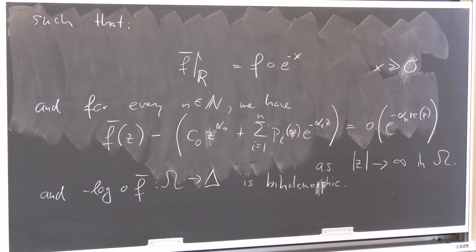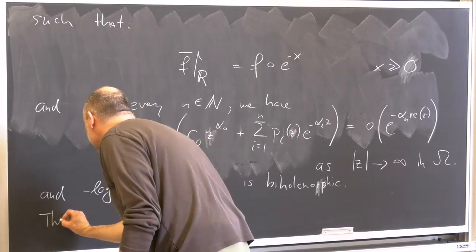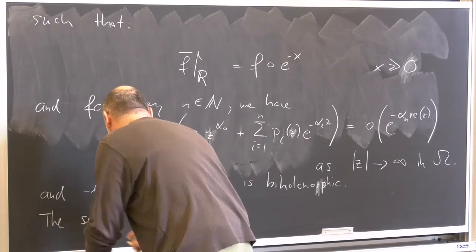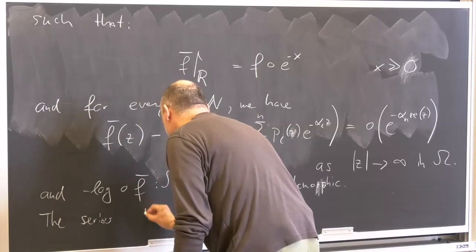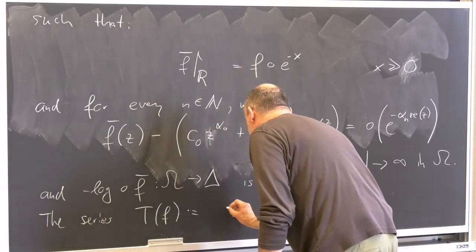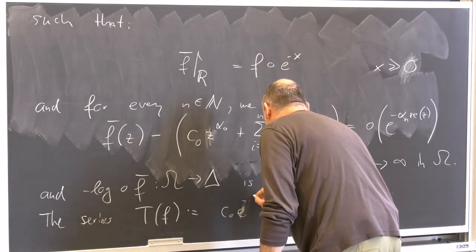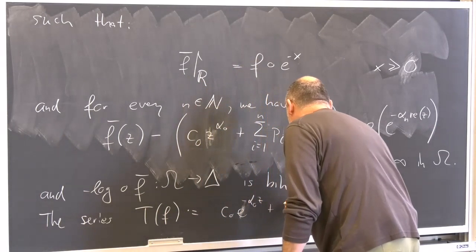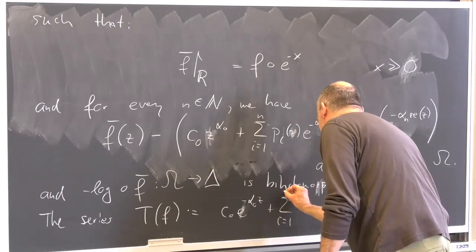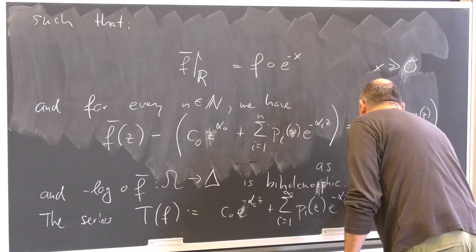So let's talk a little bit about that. Now we have these Dulac series, but I haven't named it yet. The series, which is a transseries, which I'm going to call P of F, is c0 e to the minus alpha 0 z plus the sum i from 1 up to infinity of p_i of z e to the minus alpha i z.